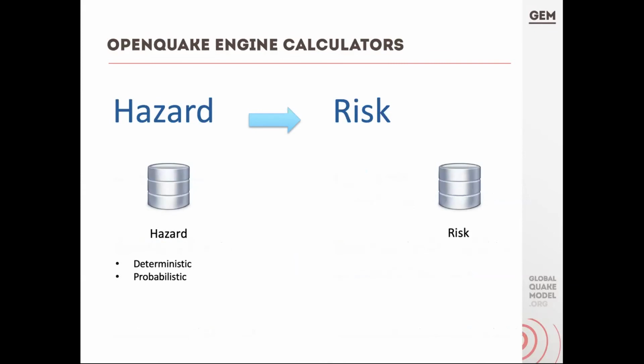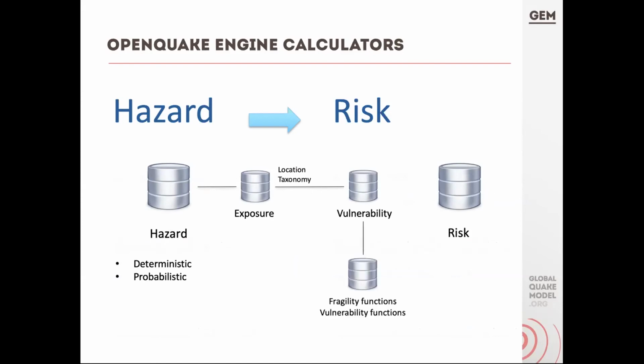So we have hazard and risk. For hazard, we have deterministic or probabilistic, and for risk, we have a bunch of options. But what we need in between, we saw, is the exposure model and the vulnerability model. The link between both of them is where the buildings are located and which building class I'm talking about. Exposure will tell me the location, and vulnerability will tell me how they will behave under a given ground shaking.